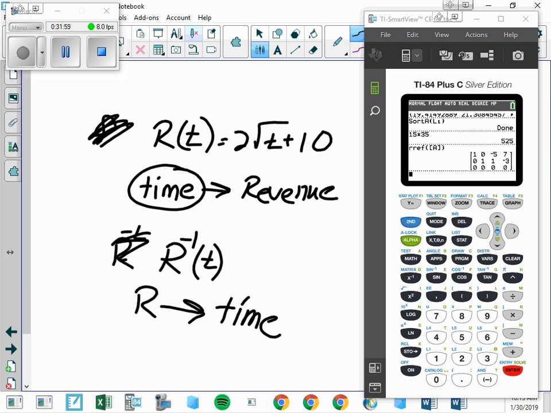5 is a little tricky because they did something that we're not used to. And it's a lot harder to do if you don't have the reference sheet.